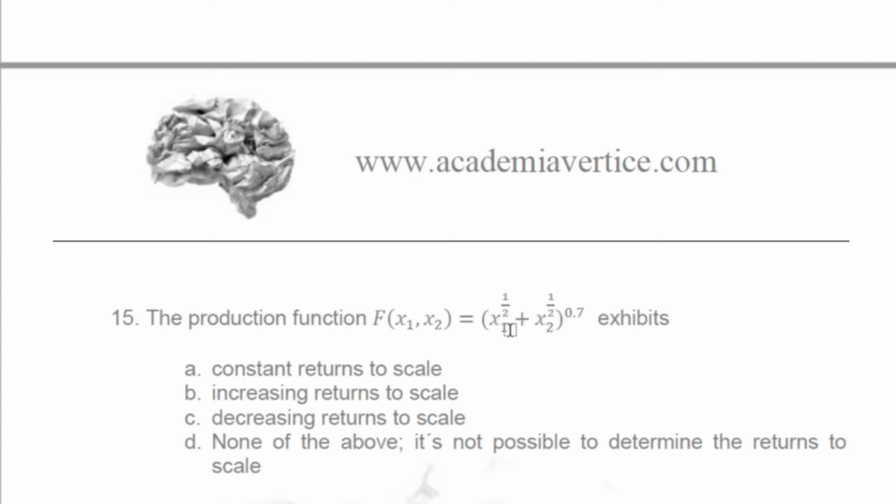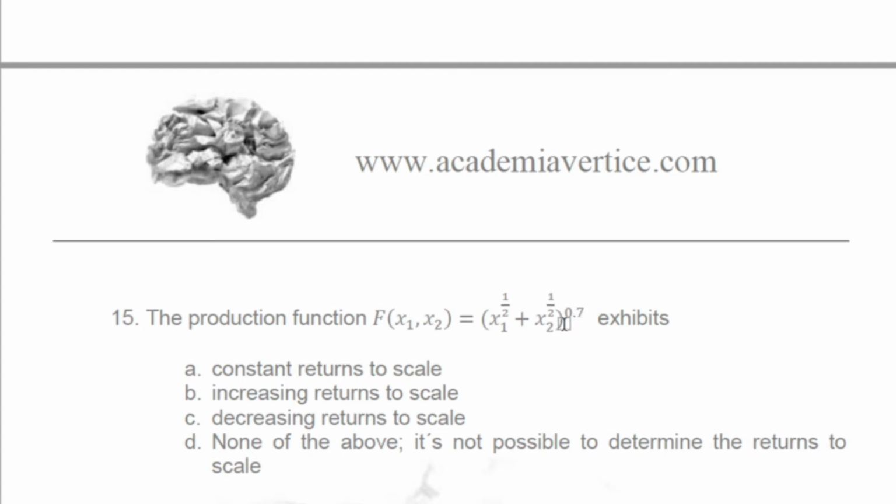Each sum inside the parentheses has the same exponent. So the exponent of the parentheses is 1/2. You don't have to sum these exponents; we sum them when we have a product. So 1/2 elevated to 0.7.